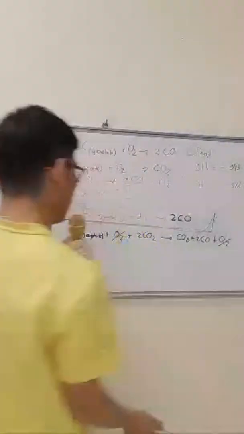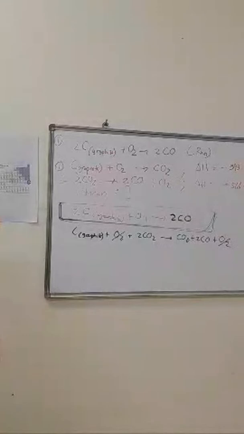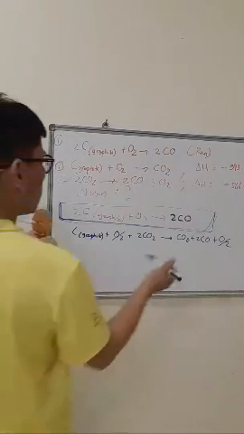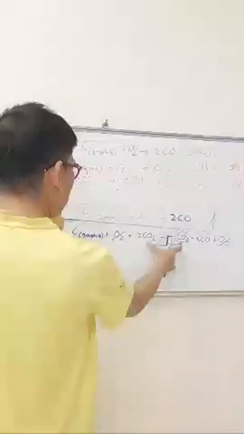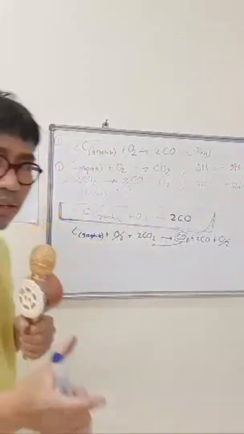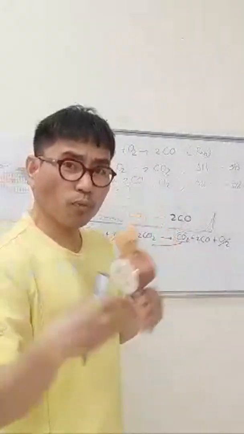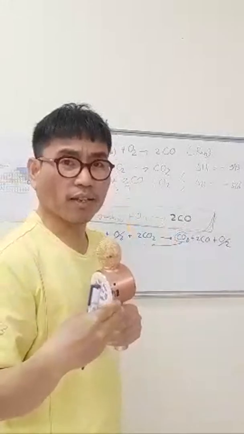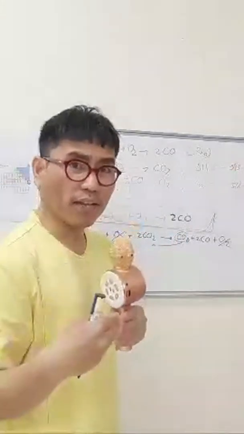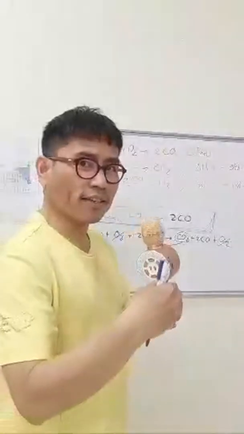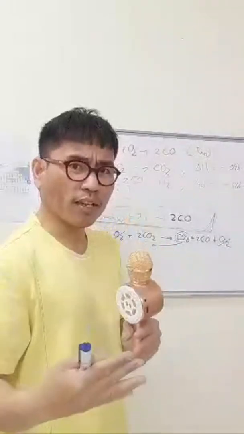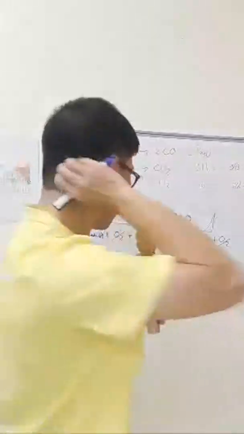No other is cancelable. So if you transpose this CO2 to the left, because it has the same quantity, in mathematics the same quantity and the same variable group together, like x's and y's, before subtracting or multiplying.